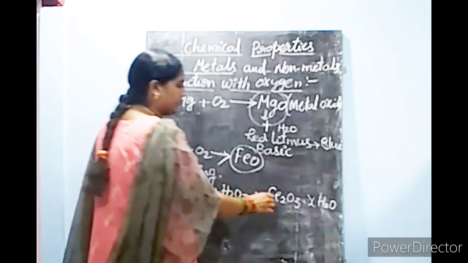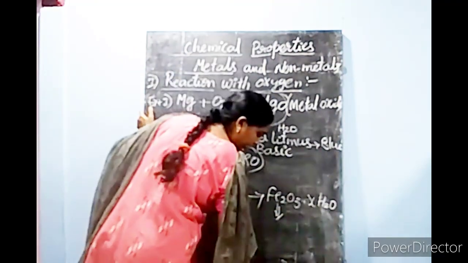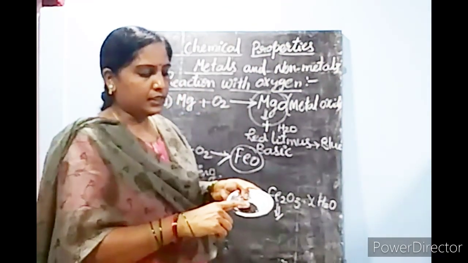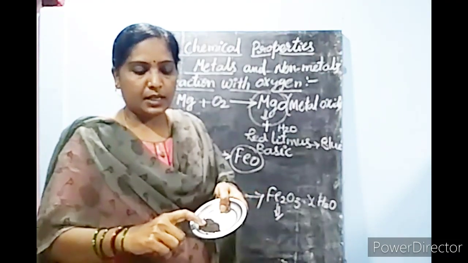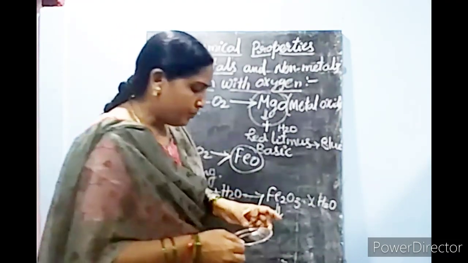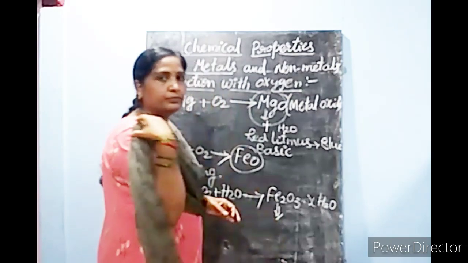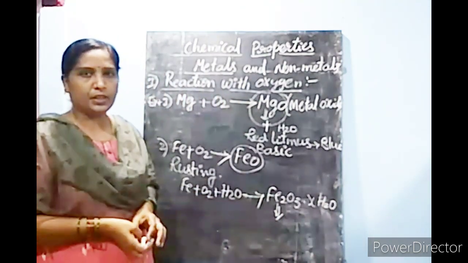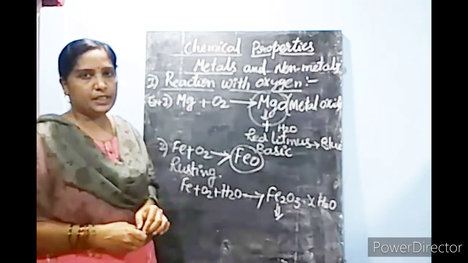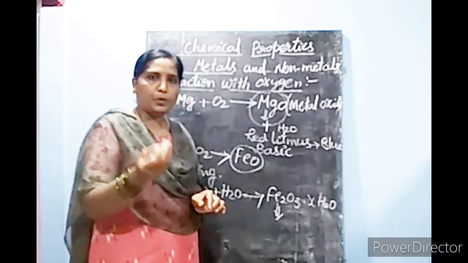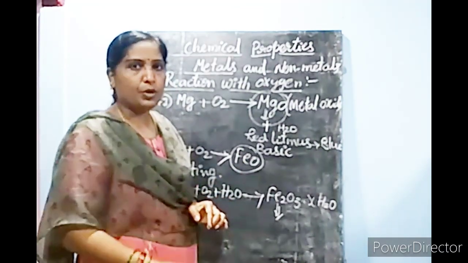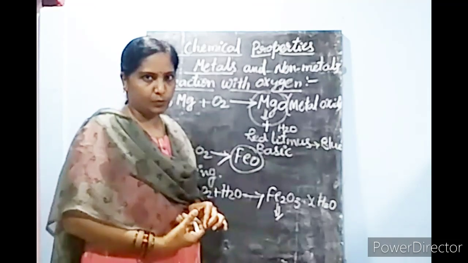This rust which is formed will be brown in color like this. You collect some rust from any rusted object and mix it in water. It will not fully mix in the water, but after mixing you take a little amount of water from where the rust is mixed.